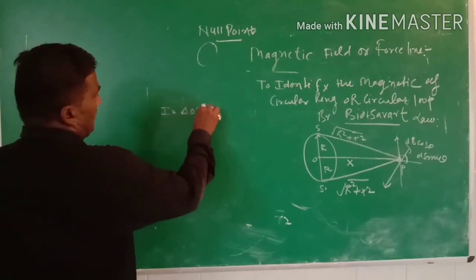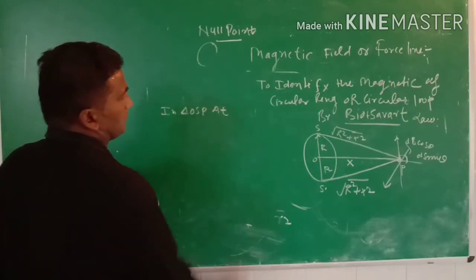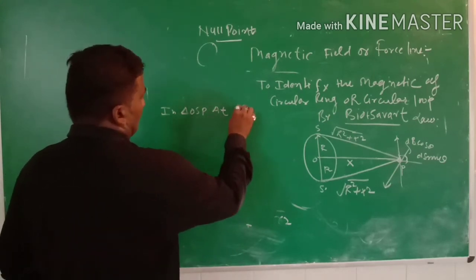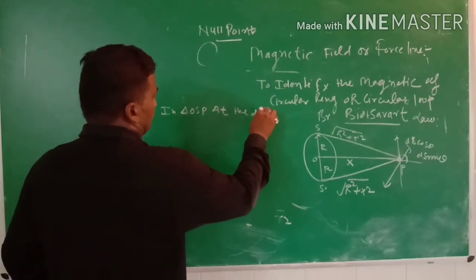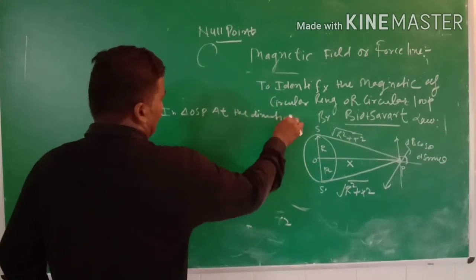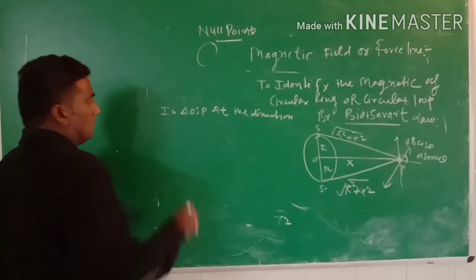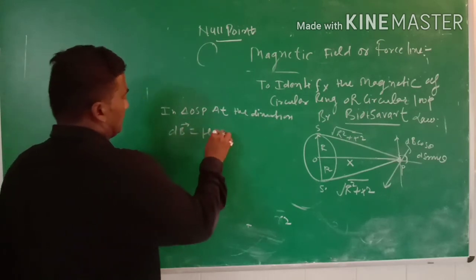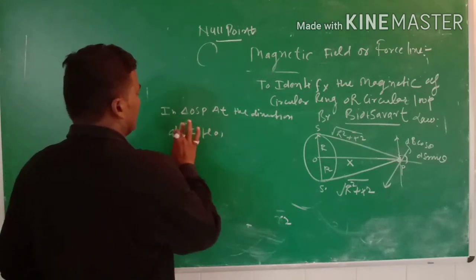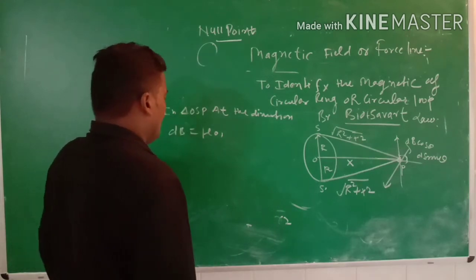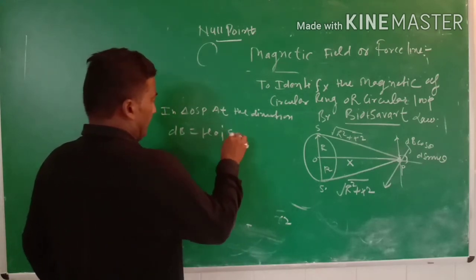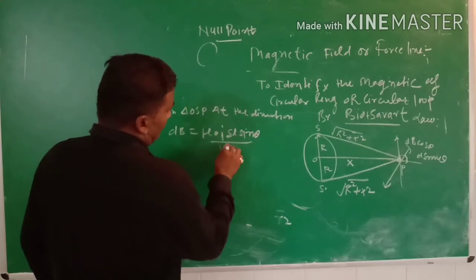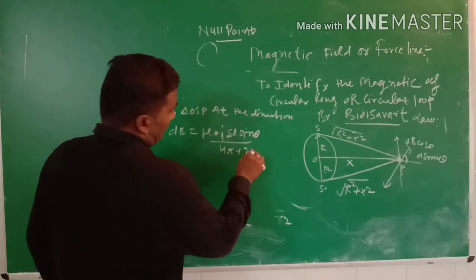triangle OSP, in the direction dB is equal to mu naught I dL sin theta upon 4 pi r square.